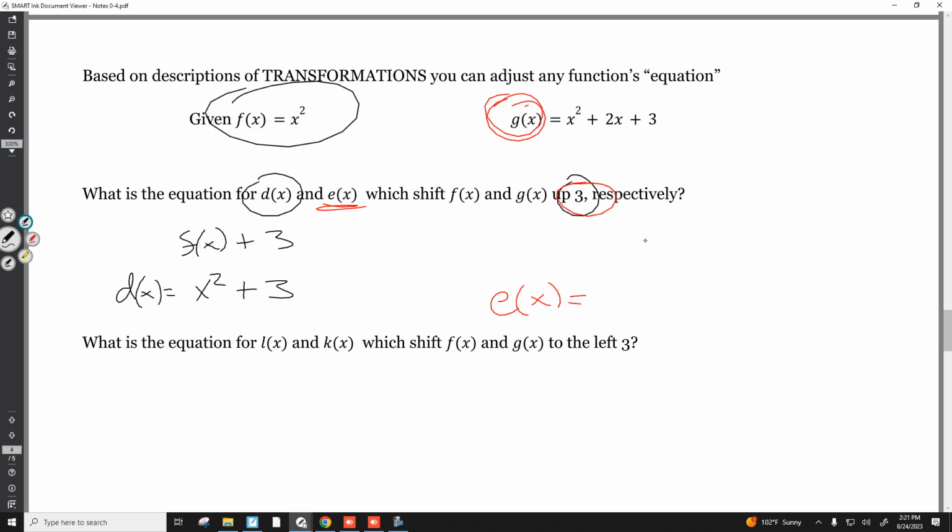I want to take G, their values, add 3 to them everywhere so that I get the values 3 more. Like the y's are going to be up by 3, which means I'm going to take the equation x squared plus 2x plus 3 and add 3 to it. I just get x squared plus 2x plus 6. Add 3 to G. That's it.